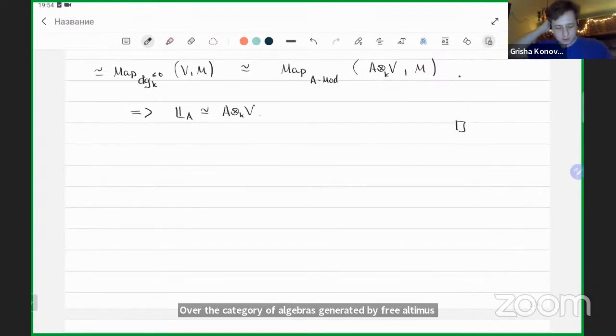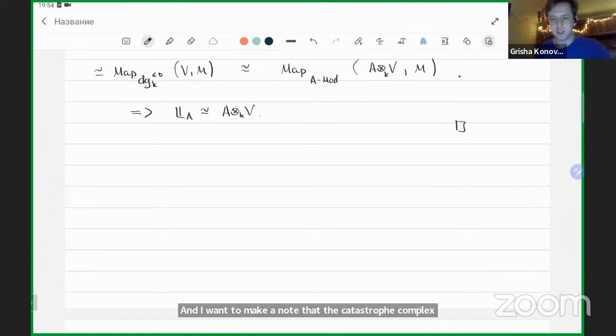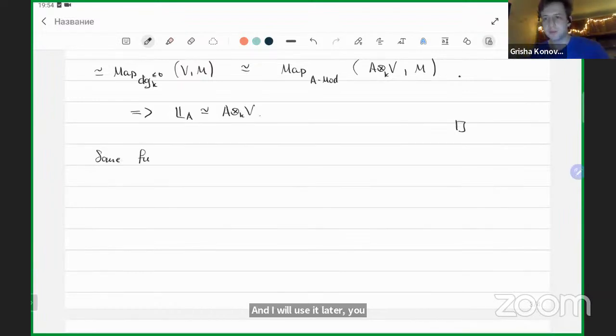And I want to make a note that the cotangent complex is indeed functorial when we restrict it to this category. And I will use it later in order to finish the proof that the cotangent complex exists for all algebras.